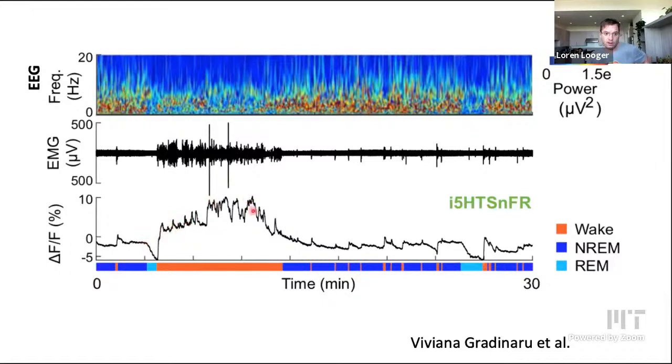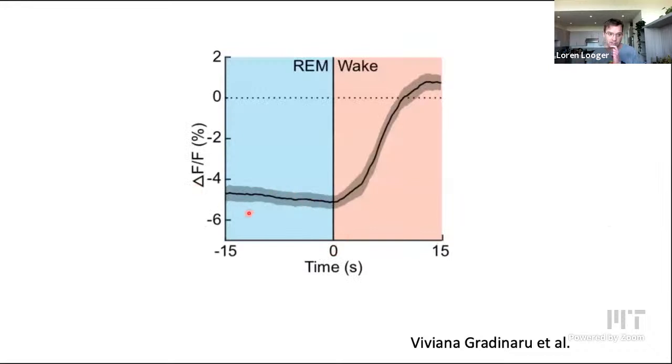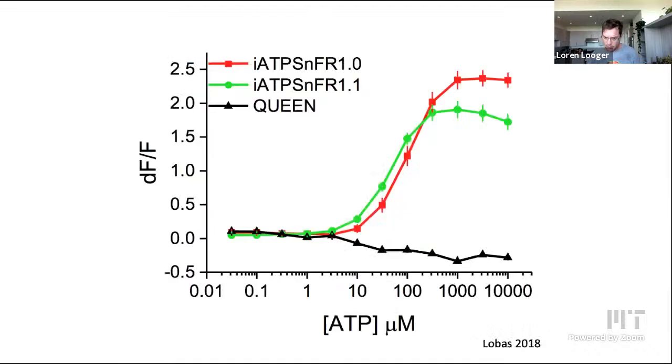The signals are good enough that you can just do photon counting, and you get really big changes during changes in sleep cycle, for instance, this big change in basolateral amygdala from transition from REM to awake. We have an ATP sniffer.